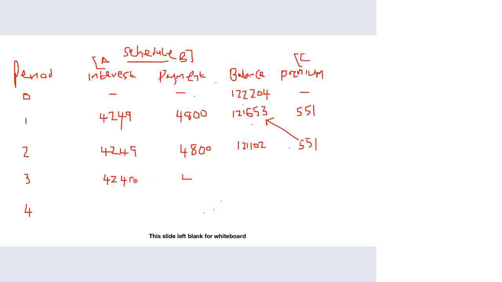Then this will still be 4,800 there, and this is 551. So again, we subtract this from this, get that, and here we'll have 4,249.